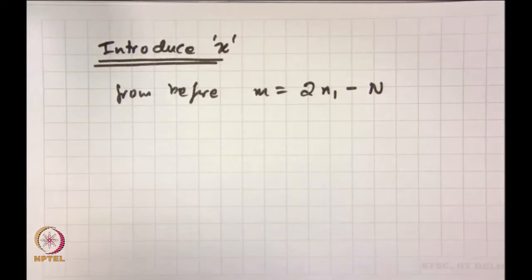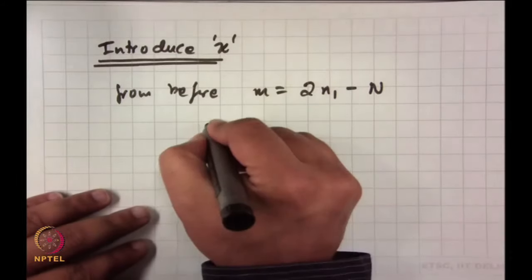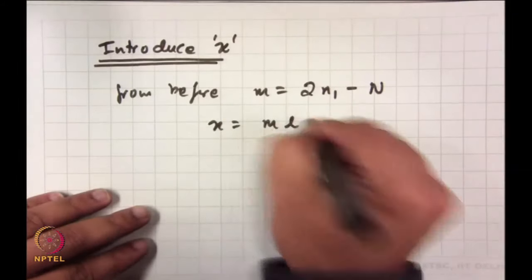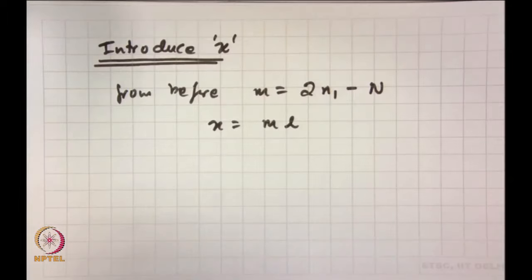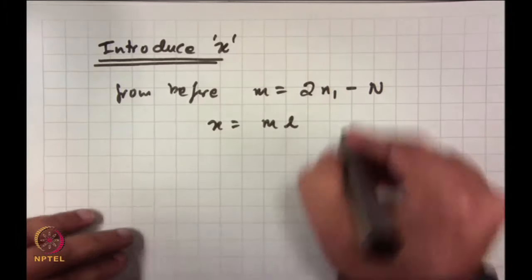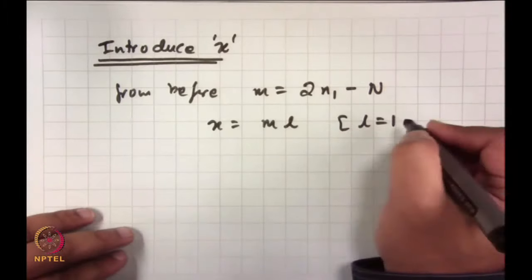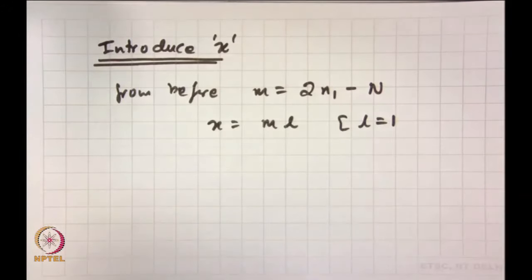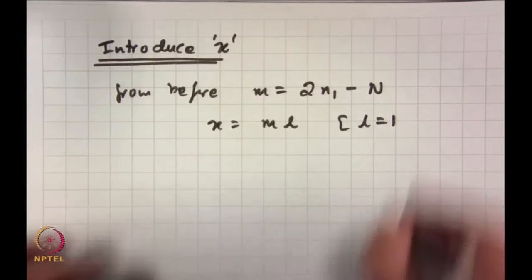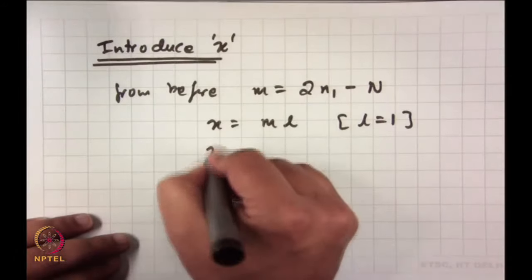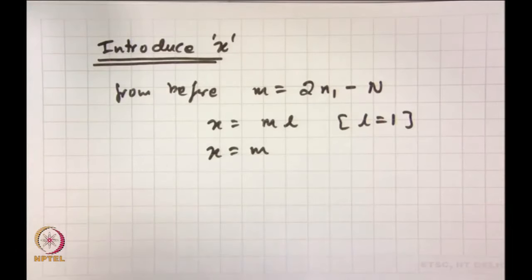Okay. Now, what did I say? That my x, which is the distance moved, has to be x equal to m times L. This is the distance moved in the positive direction. Now, what about L? I am taking L to be 1, right, because each step is of unit length. So then essentially I replace m by x, which is x equal to m. Now, keeping in mind that you are not running into any dimensional problem, because you have already taken L equal to 1.